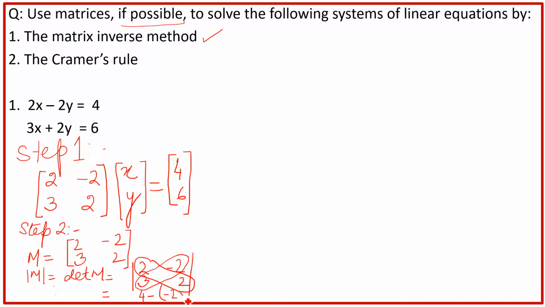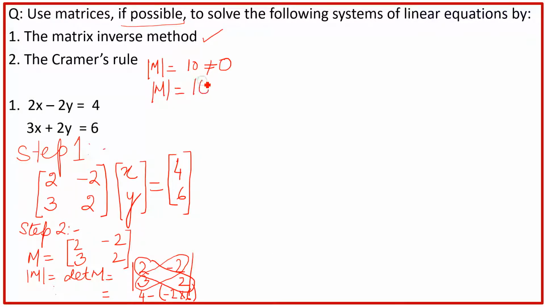Minus 2 multiplied by 6. So it will be minus minus plus. I will write down here: determinant of M is equal to 10, which is not equal to 0. It means the determinant is 10.